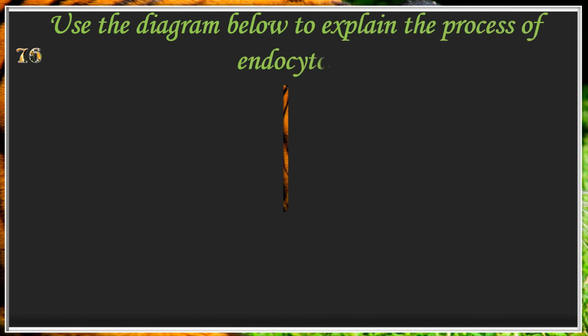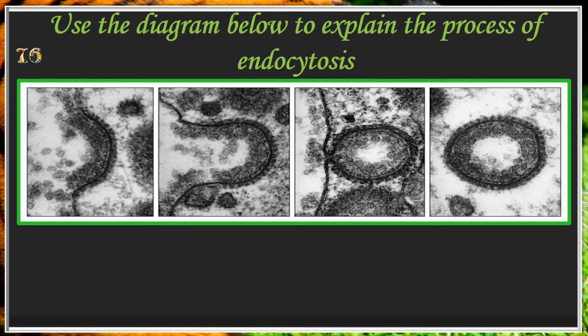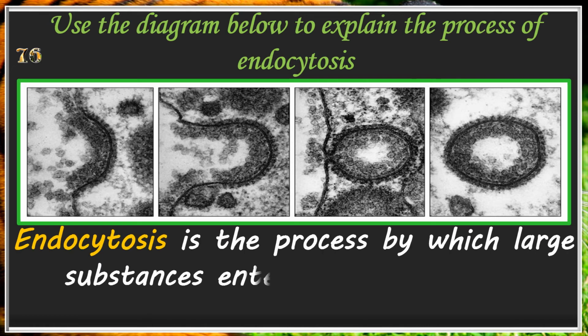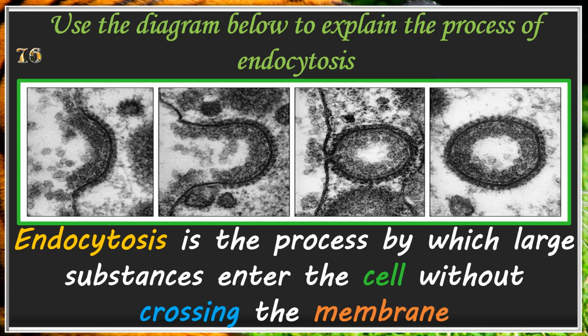Use the diagram below to explain the process of endocytosis. Endocytosis is the process by which large substances enter the cell without crossing the membrane. That is endocytosis.